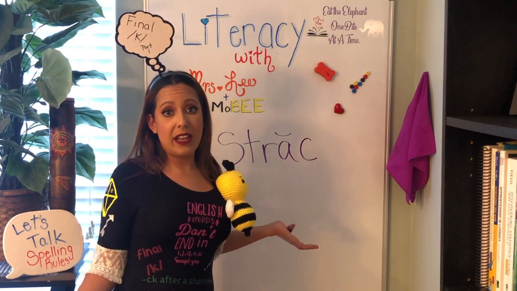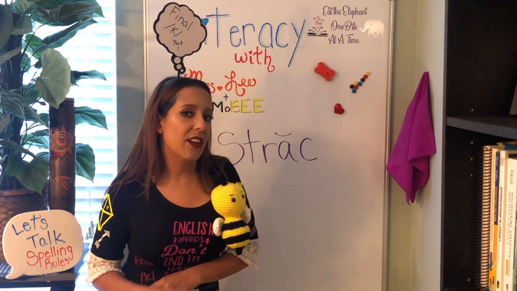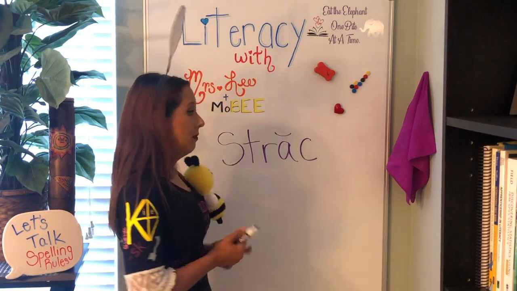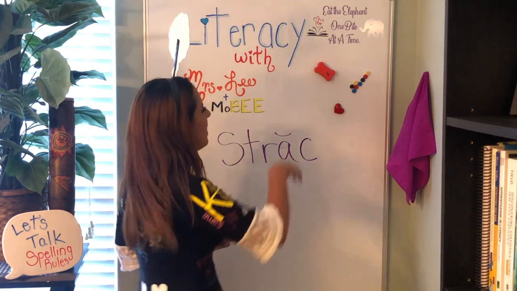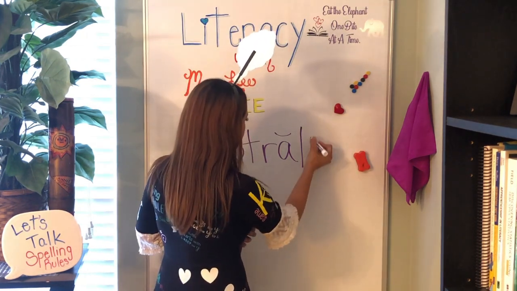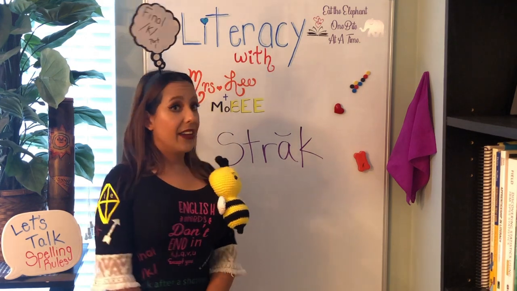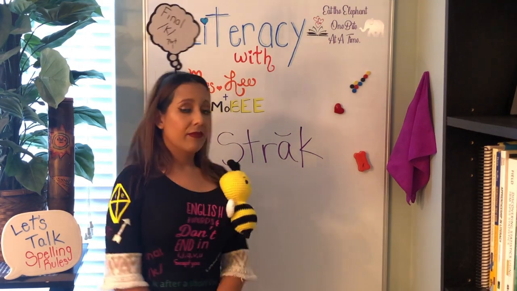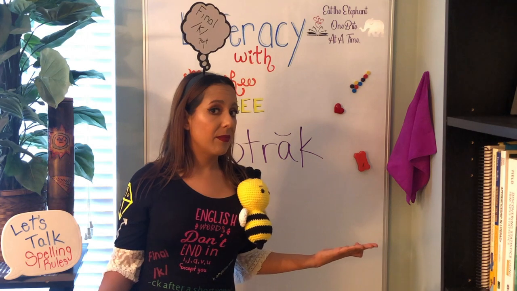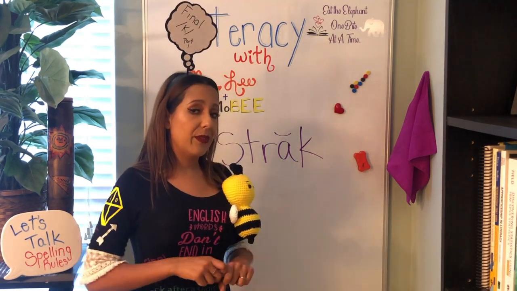It reads correctly. I don't know if it looks right because it's not a real word. Let's put a K instead. That also says strack. I don't know if it's spelled correctly because it's a nonsense word.